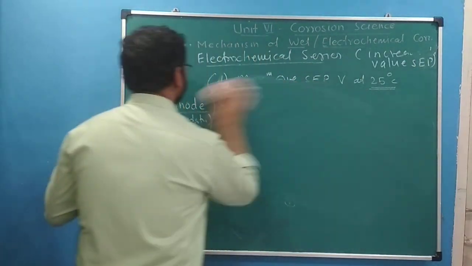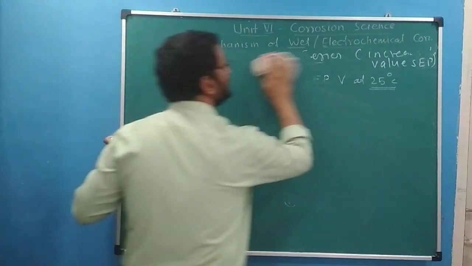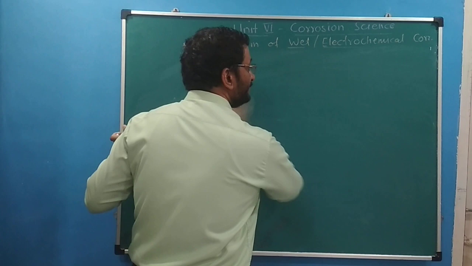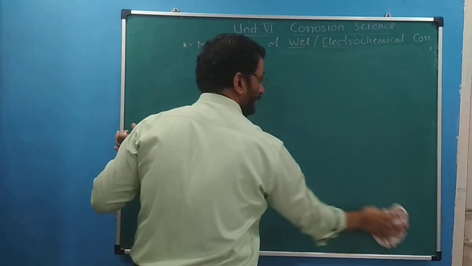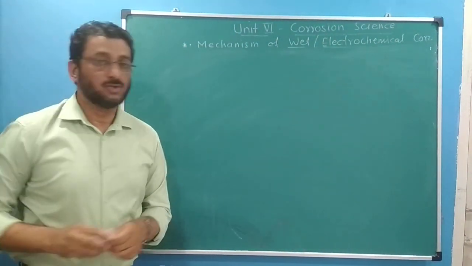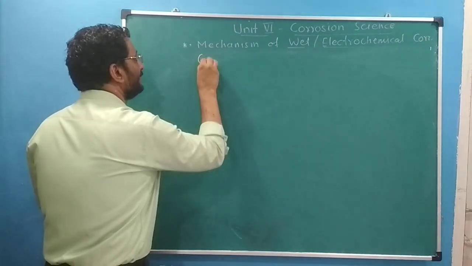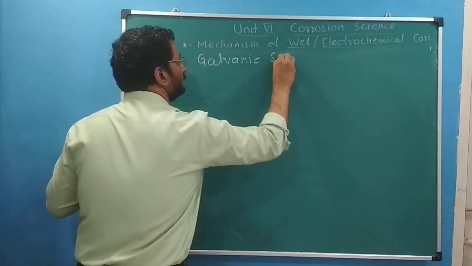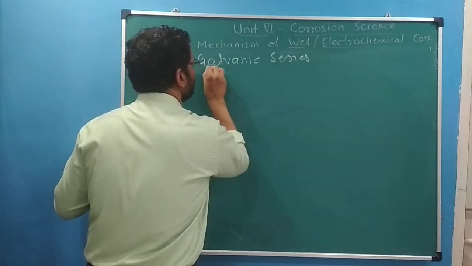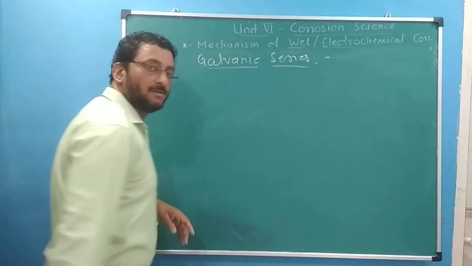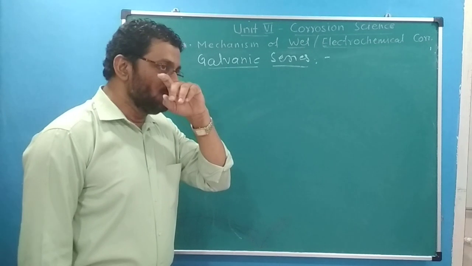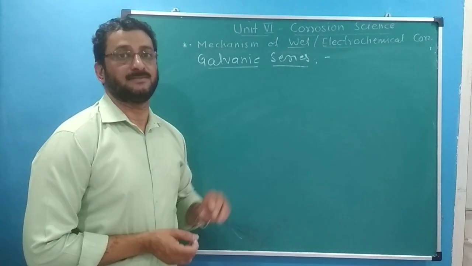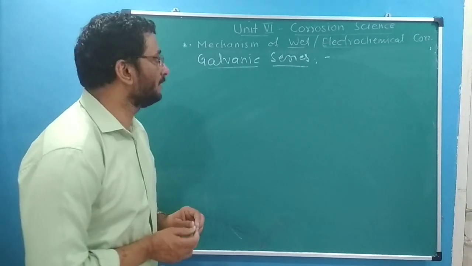You may get a question: compare electrochemical series and galvanic series, or what is electrode potential, what information you get from electrode potential value or the series. One more drawback of the electrochemical series: position was given to metals only. They did not consider alloys. So that is also a drawback.